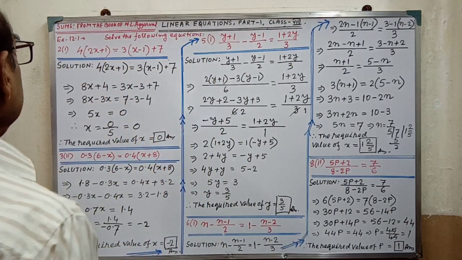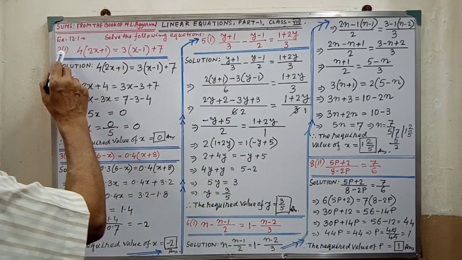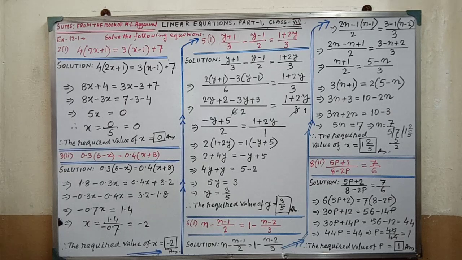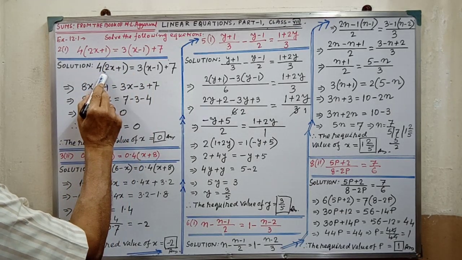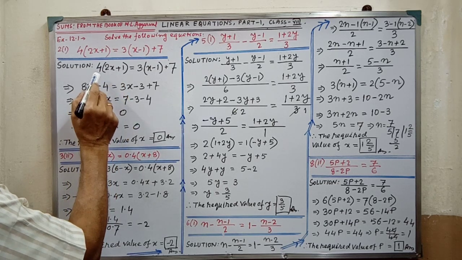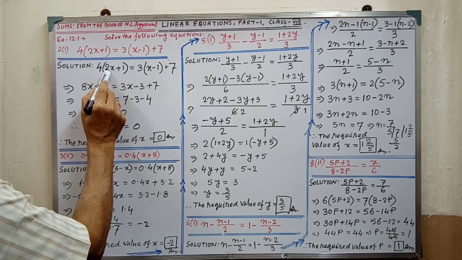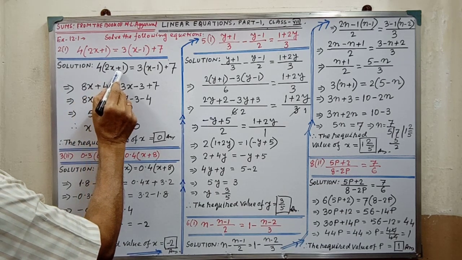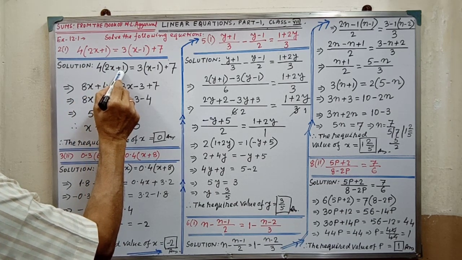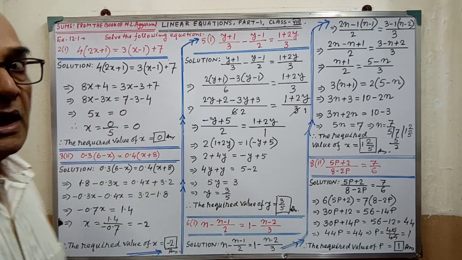Exercise 12.1, sum 2, part 1. This is the sum. First you have to copy the sum. This bracket means into. That means we have to multiply 4 into 2x, that is 8x, and this 4 you have to multiply with 1 also, that is 4.